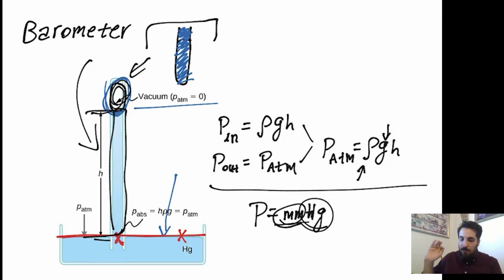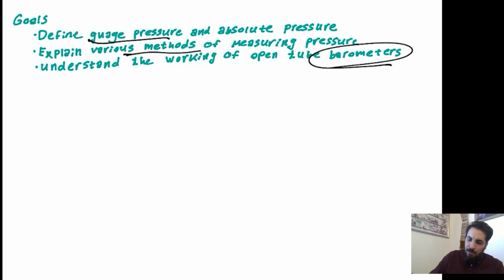All right. So, again, goals of today. Gauge pressure and absolute pressure. Well, gauge pressure is the pressure that you will read off of any pressure measuring device. The absolute pressure takes that gauge pressure and adds to it the atmospheric pressure.